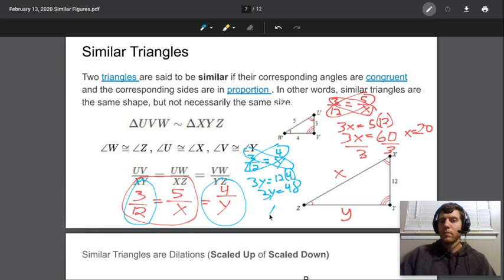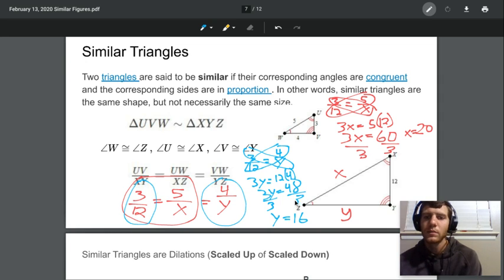If we divide by 3 on both sides, we end up with Y equals 16. 3 goes into 48 16 times, so we know Y is going to be 16.